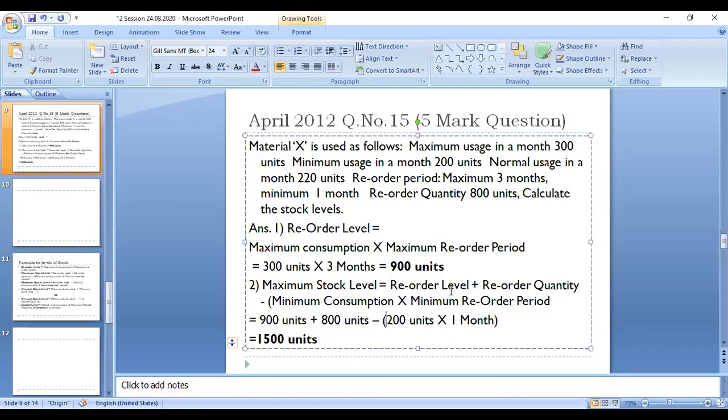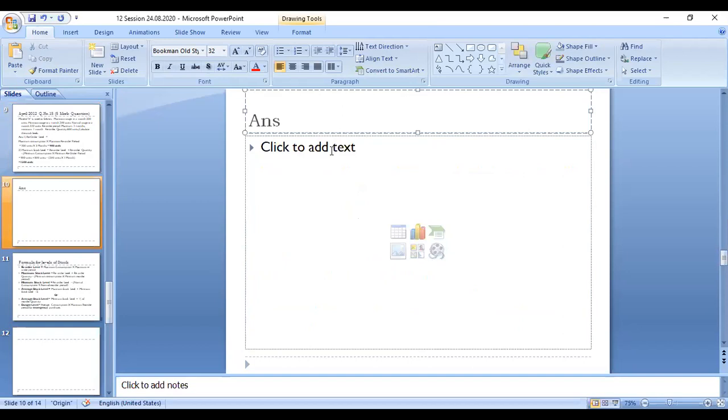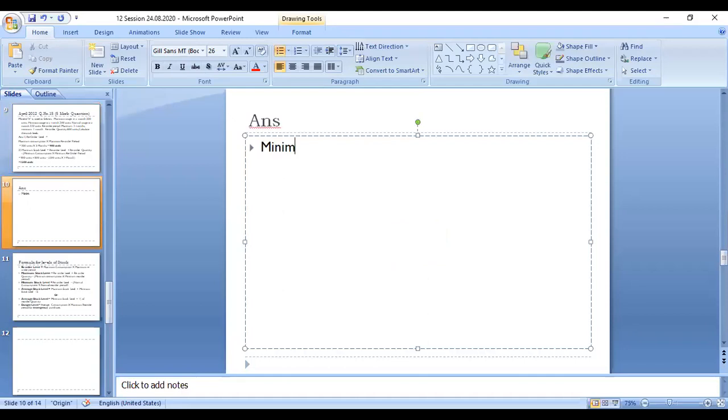Okay, now we go to the next slide. What do you have to calculate? Reorder level is calculated, maximum stock level is calculated, then you have to calculate minimum stock level. What is the formula for the minimum stock level?